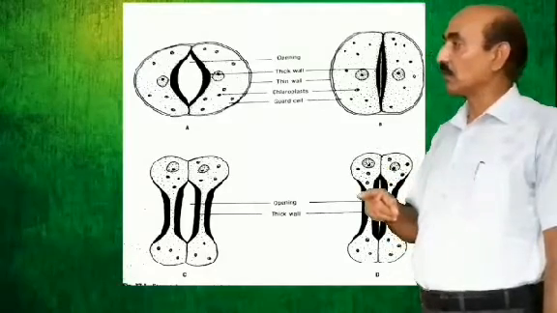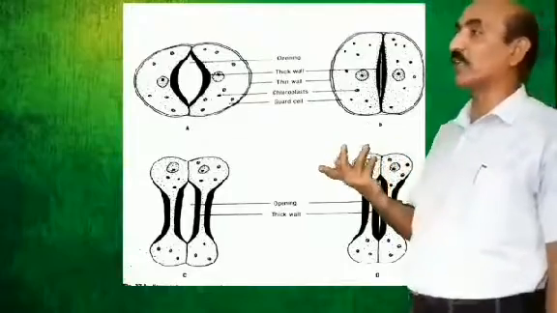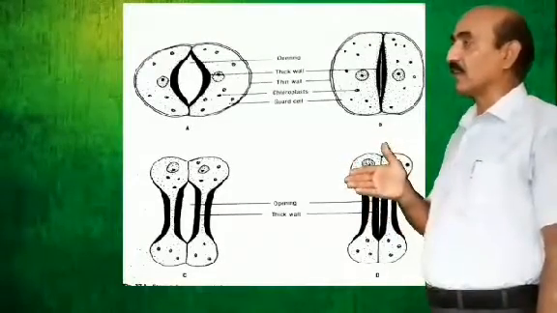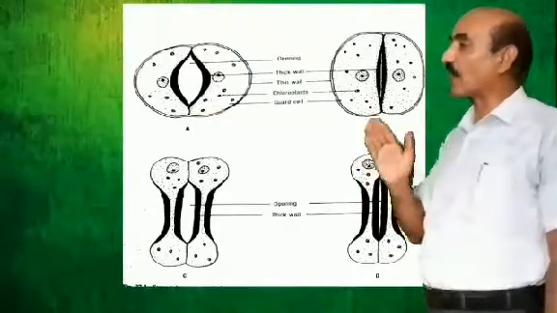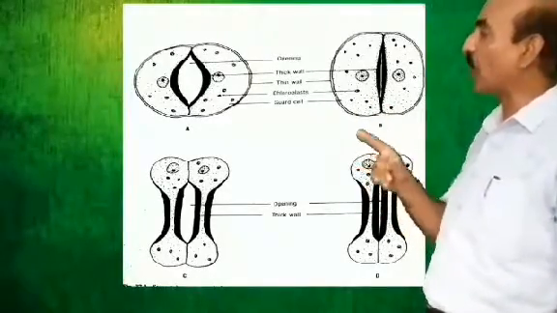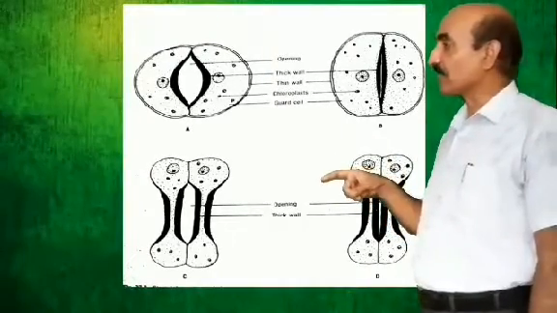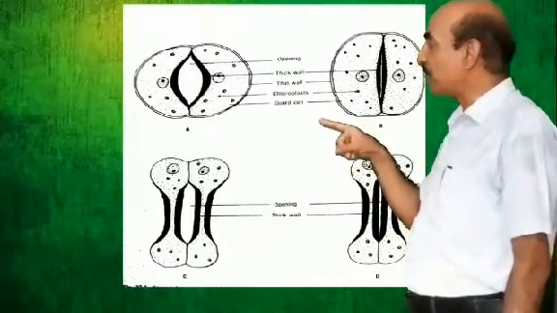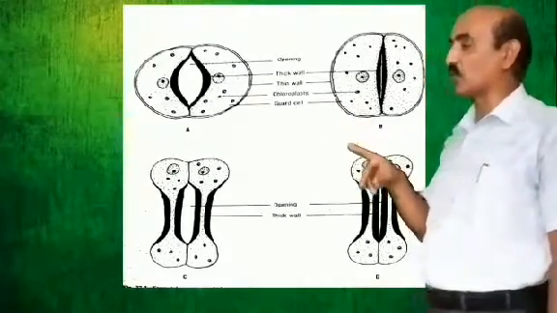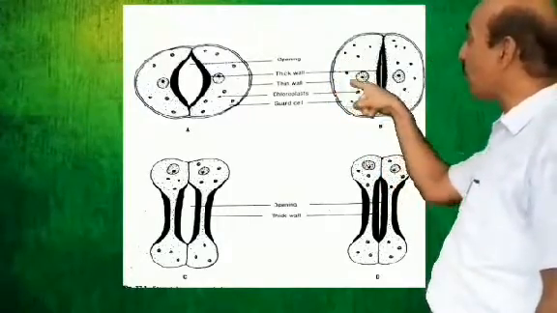So the concentration of water in the guard cell remains higher. So again exosmosis occurs, and water starts moving from the guard cell to the adjacent cell, and then the guard cell gets flaccid. This flaccid guard cell causes closing of the stomata, and so this is the closed stomata.